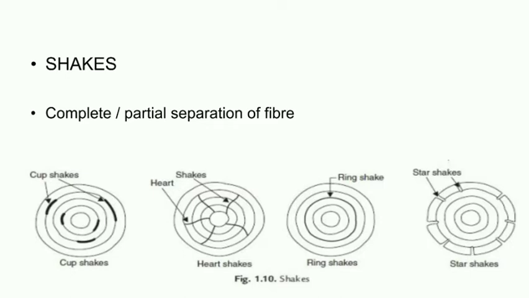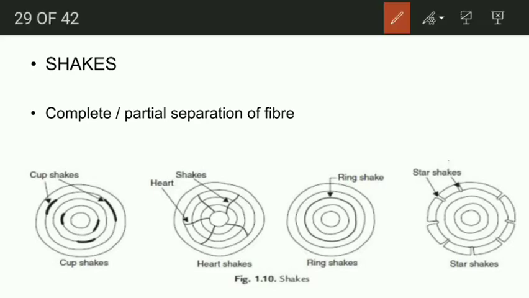Next is a very important defect that is called shakes. Shakes are the complete or partial separation of the fibers of a timber. There are various types of shakes. First one is cup shake.